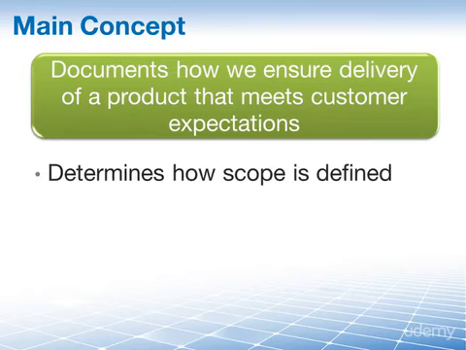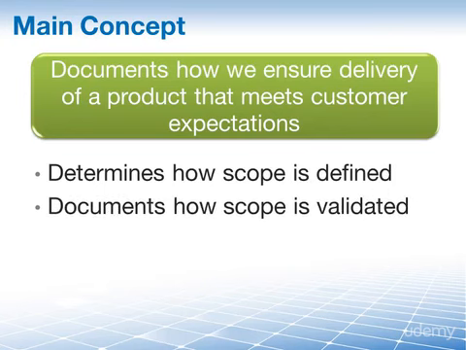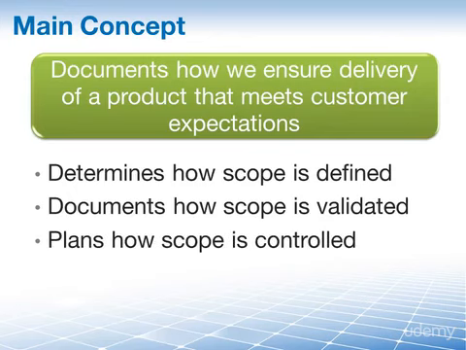In plan scope management, we describe how we're going to define our project scope. We document how we will later on validate that that scope satisfies the customer requirements, and we make sure that we have a plan to control the requirements and make sure that we deliver the scope and only the scope that has been defined via the project management plan.